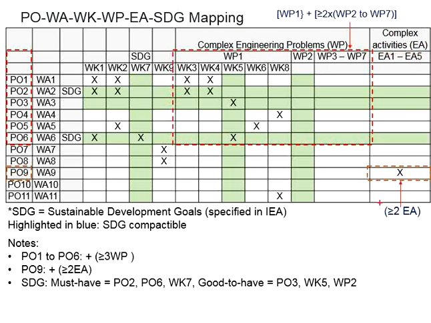You need at least 2 EA here. Now it depends on the knowledge profile that the course is related to. Let's say now the course is related to WK7. Due to WK7, you need SDG.